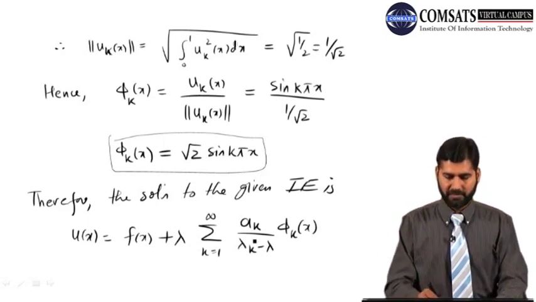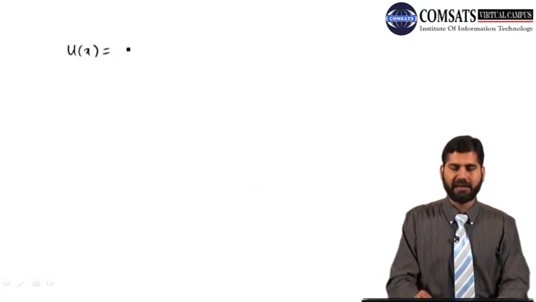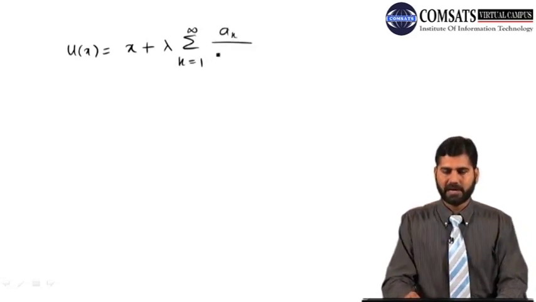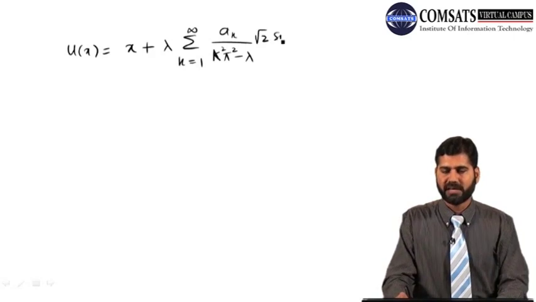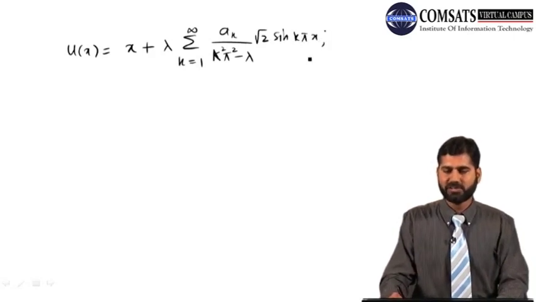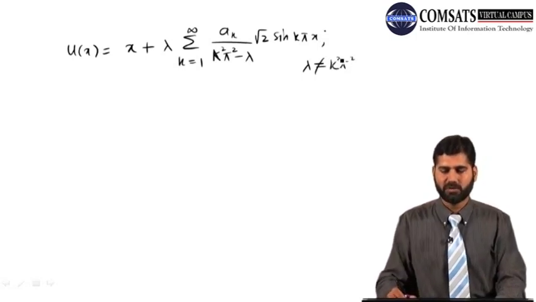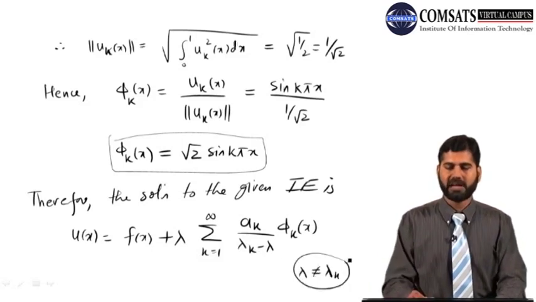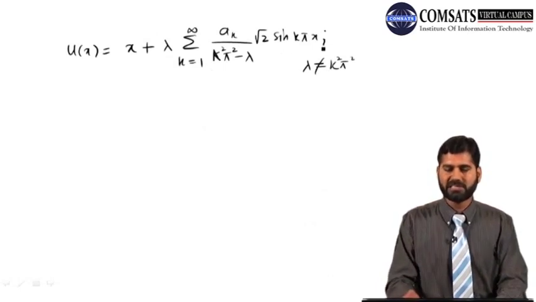If I replace the values here, f(x) was x, plus lambda summation k goes from 1 to infinity a_k divided by lambda_k, where lambda_k is k square pi square, minus lambda, and your phi k of x is square root of 2 sine k pi x. So this is the solution if lambda is not equal to k square pi square. Here our condition is lambda should not be equal to lambda_k, so it means our lambda should not be equal to the eigenvalues. So this is our solution.